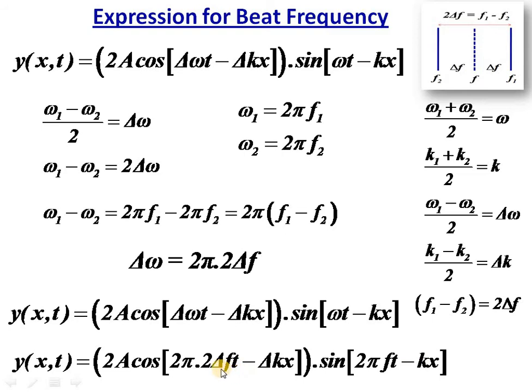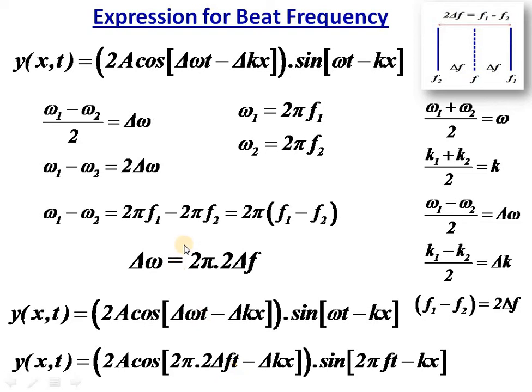Why is this taken? Because it shows what is the frequency of the envelope and what is the frequency of the wave inside it. f is the real frequency with which the composite wave propagates, and 2 delta f is the frequency with which the envelope propagates.